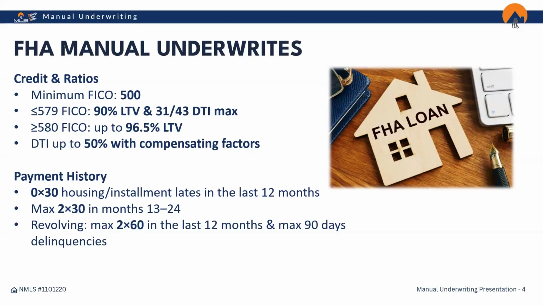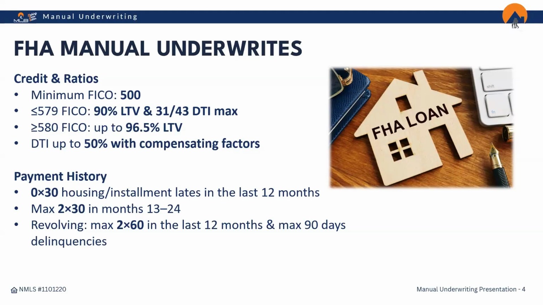Now, where that FICO is located will determine where your LTV maxes are going to be. You can see that if your score is at or below a 579, you're going to have a max LTV of 90%. So you're not going to be able to go over 90% if your score is lower than a 580. You're also going to have a max DTI of 31/43 if your FICO is in the lower range.